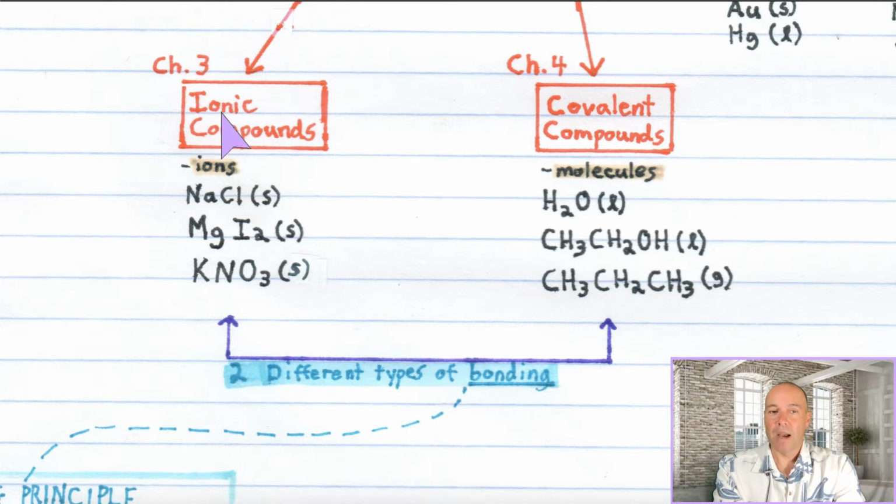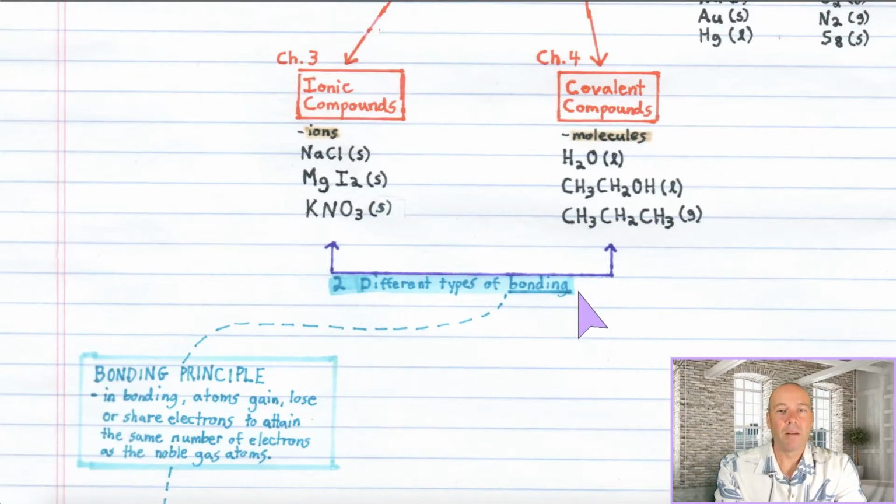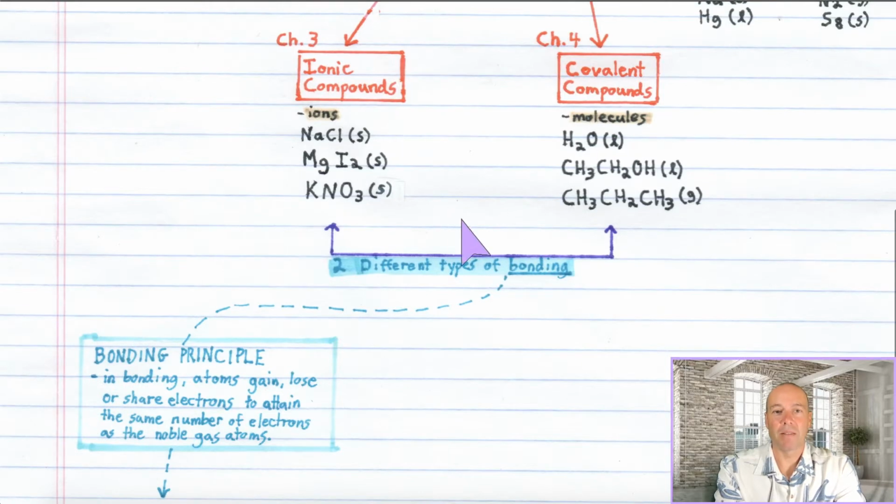Ionic compounds hold the elements together through what's called ionic bonding, and covalent compounds hold them together through covalent bonding. Let's discuss these two types of bonding, which distinguish the different categories of compounds.